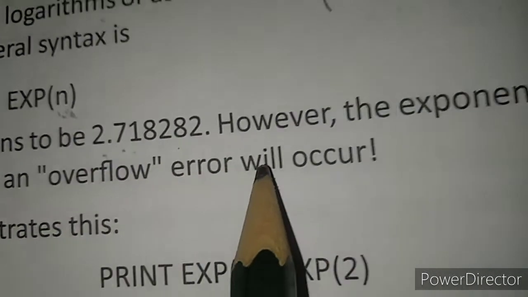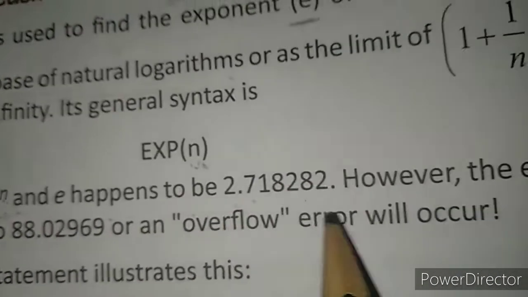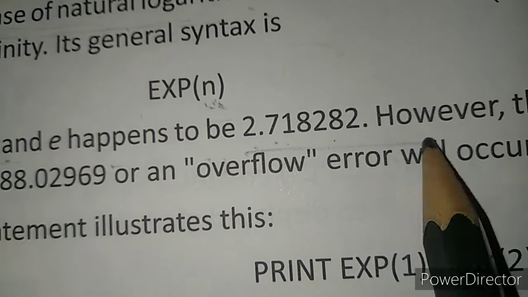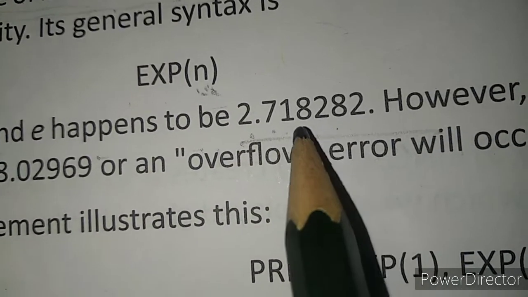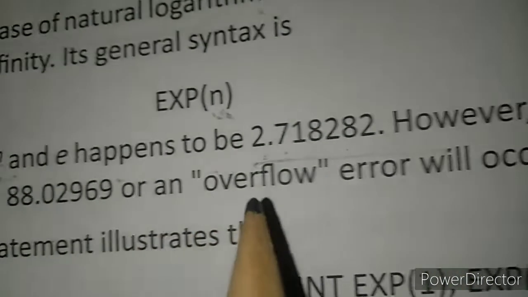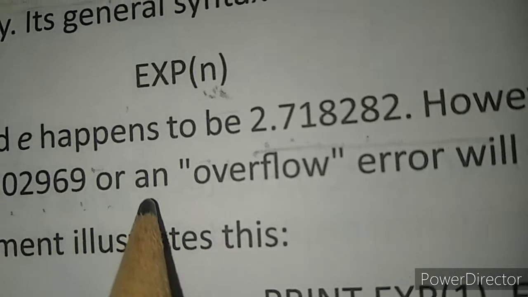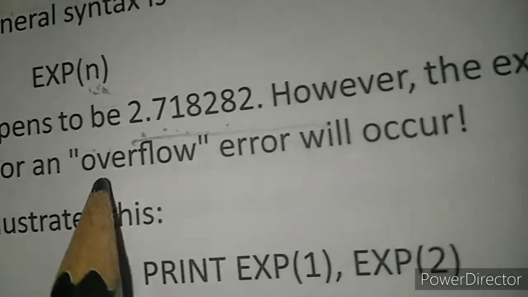The value of e is almost 2.718282. However, the exponent value n must be less than or equal to 88.02969, or an overflow error will occur.